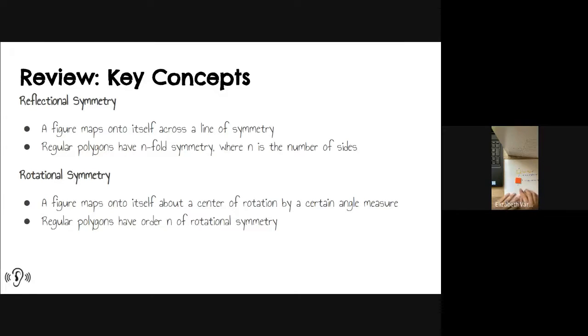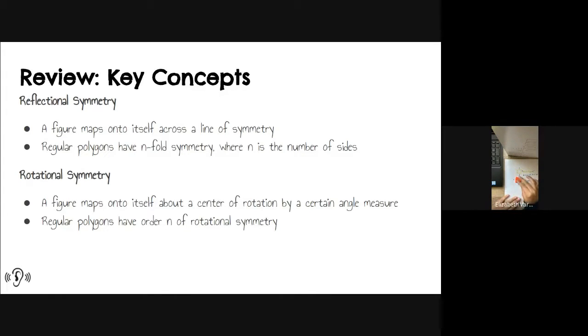If we want to see this, we can turn the square 90 degrees. Look, it maps right back onto where it was. I'll turn it again, 180 degrees, and again it maps back onto where it was. I'll turn it 270 degrees. Again, it maps back where it was. And then I can turn it 360 degrees, and it maps back onto where it was.